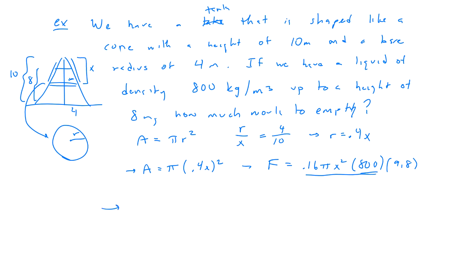And then like the last one, as Rebecca said, we have to now multiply by x, and you'll tell me the limits in a second. So it is this whole thing, which I'll be lazy and just leave as it is. So the 0.16 pi times 800 times 9.8 times x squared. That is all the force.